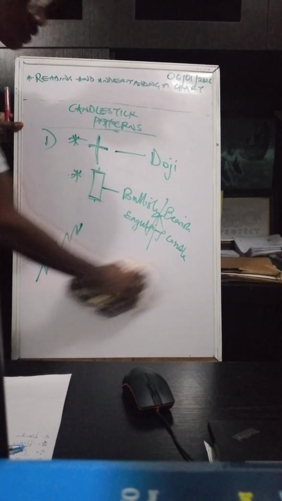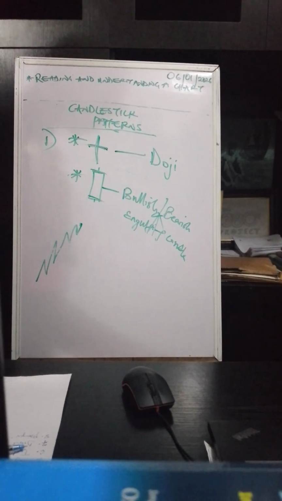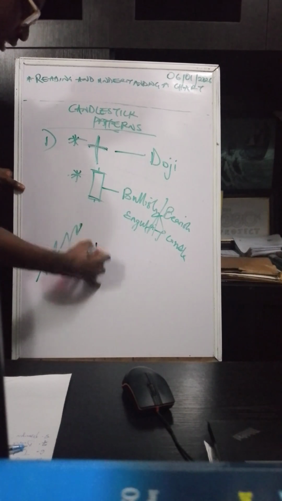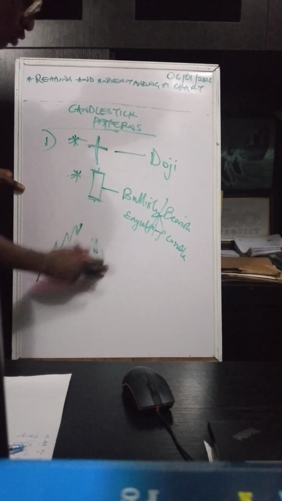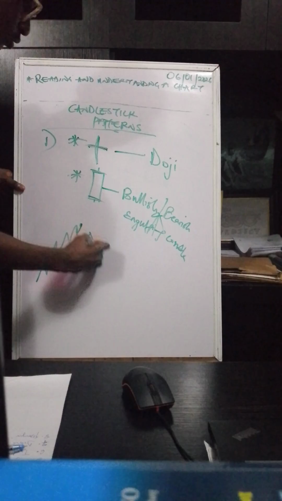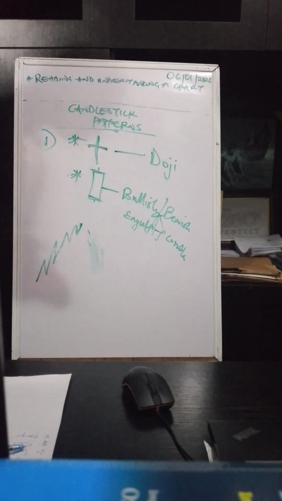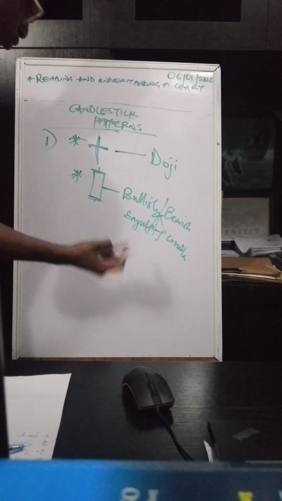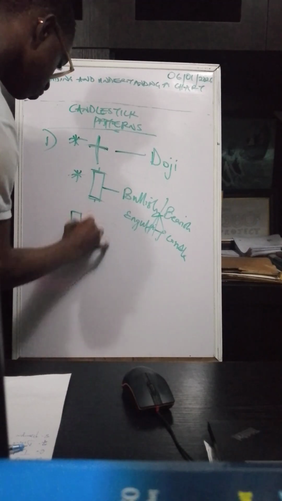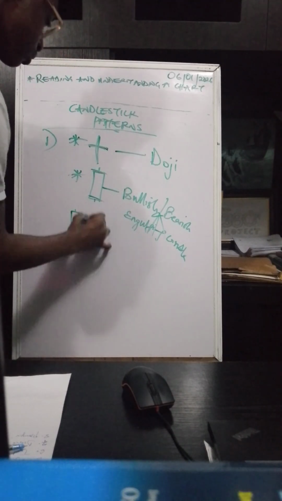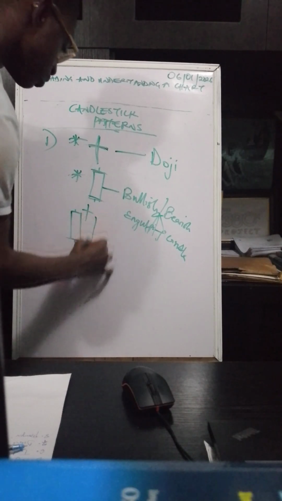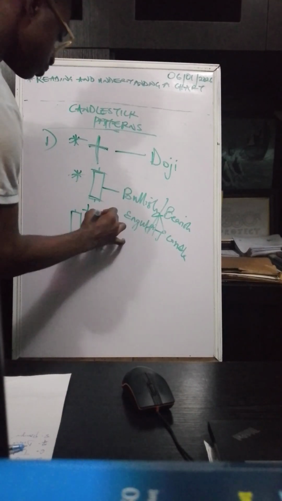But this same doji candle can also signal a reversal. So we can have a bullish engulfing candle, a doji, and another engulfing candle.